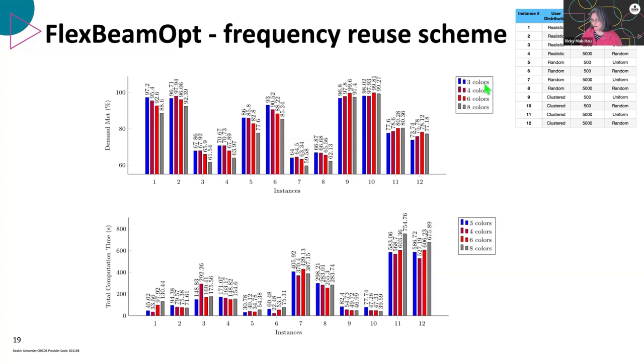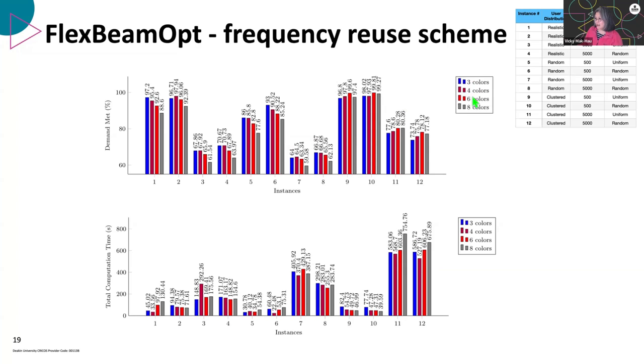Now, this is where I think machine learning can help, because it is very hard to make a conclusion from these results. For example, the 8-color scheme is the slowest in some problem instances, but it is one of the faster ones in others. It didn't do too well in terms of demand met, but overall it is not too bad.